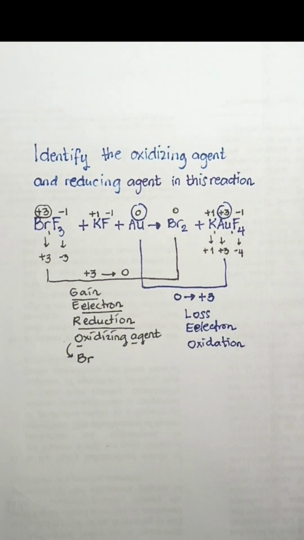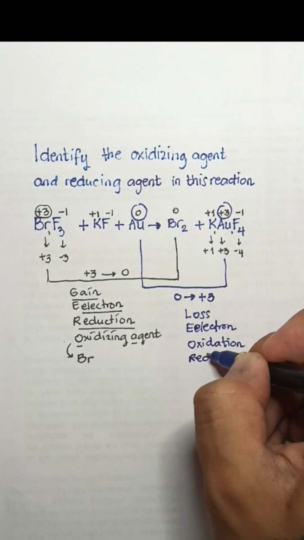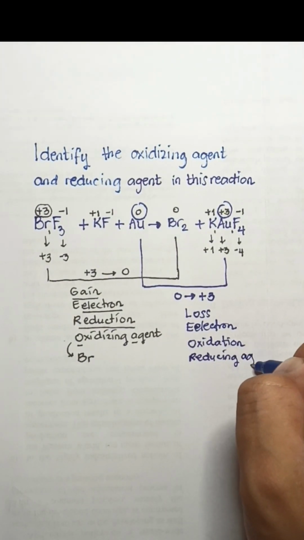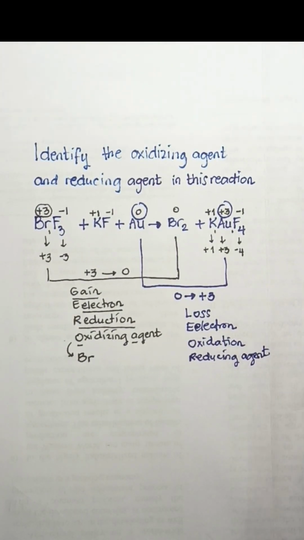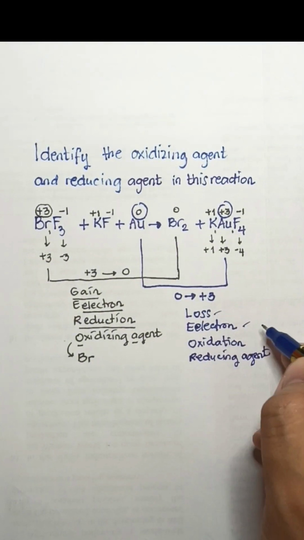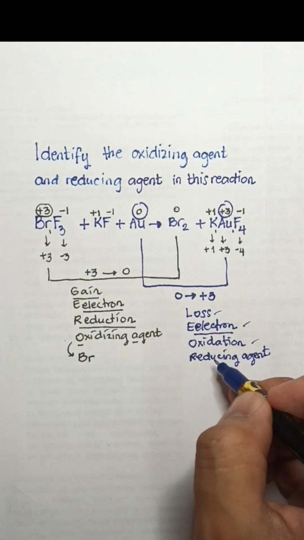Loss of electrons means oxidation. Our substance is the reducing agent. The oxidation state was increased from 0 to +3. So gold here is oxidized.